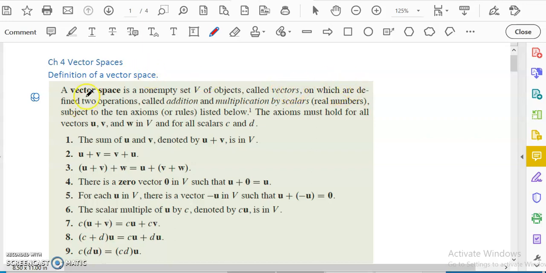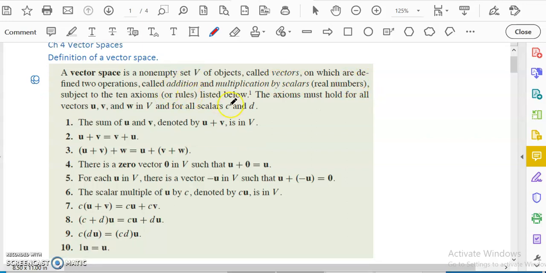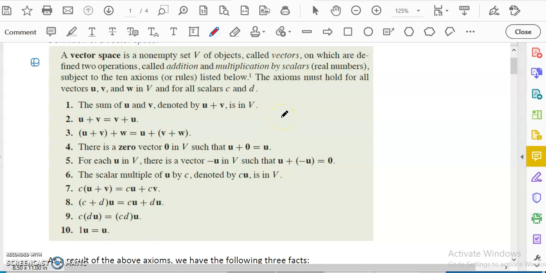And then we have this concept called space on which we define two operations, addition and multiplication by scalars. Scalars are real numbers. So long as it satisfies 10 axioms or rules, then we say they are a vector space.